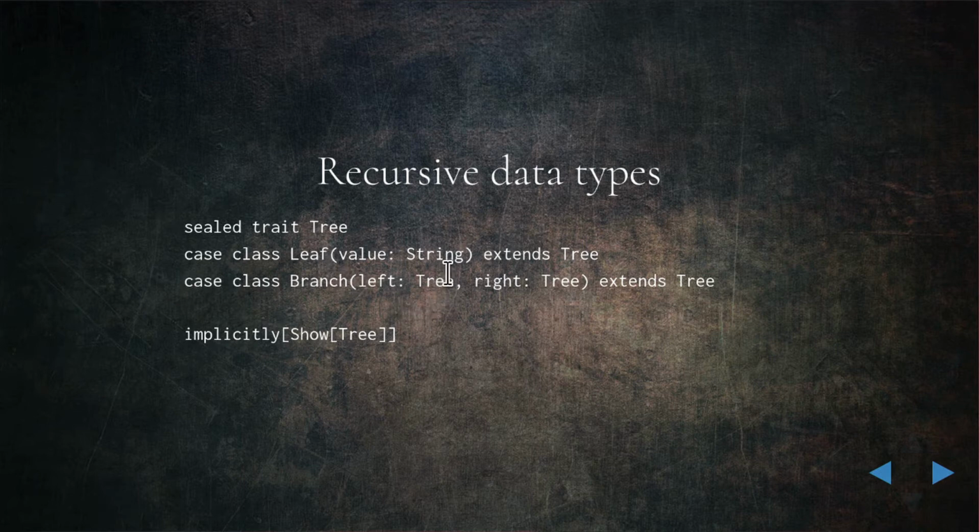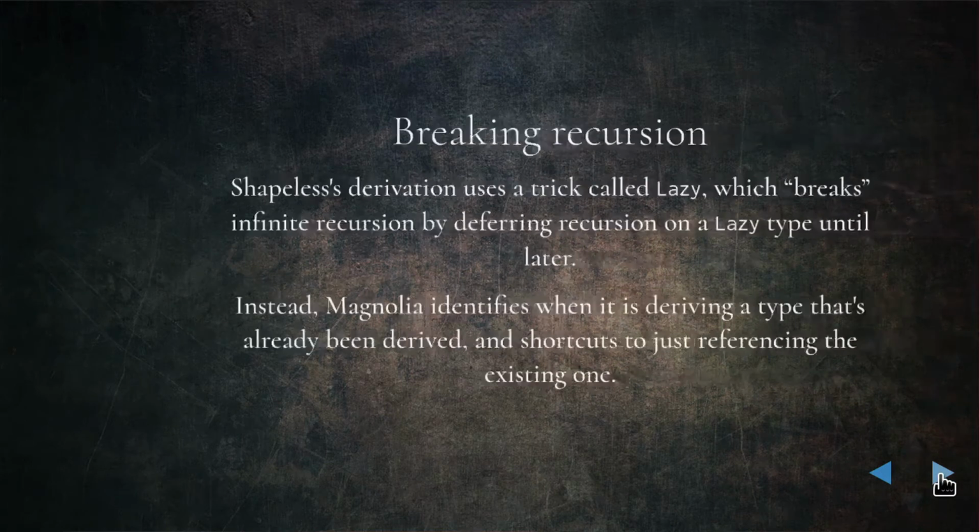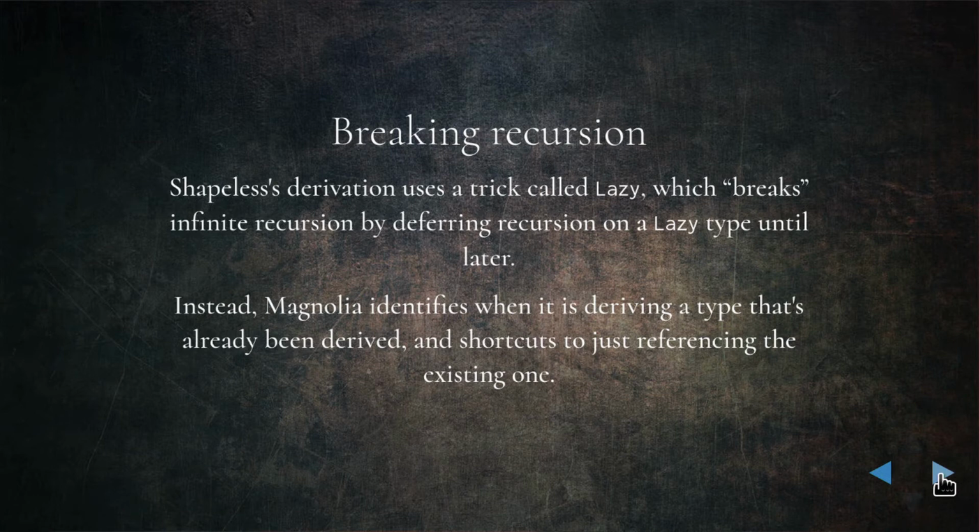So if you were naively following an algorithm, it could potentially just recurse indefinitely and never produce any result. What Shapeless does, it has a thing called Lazy, which deals with this. With Magnolia, we have a greater knowledge at the point it's doing the derivation, and we can identify when we would have been recursing and simply point back recursively to the derivation for that particular type.